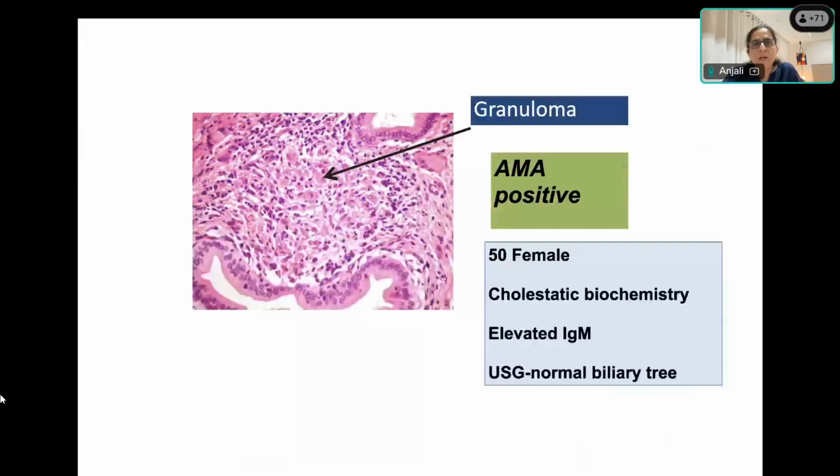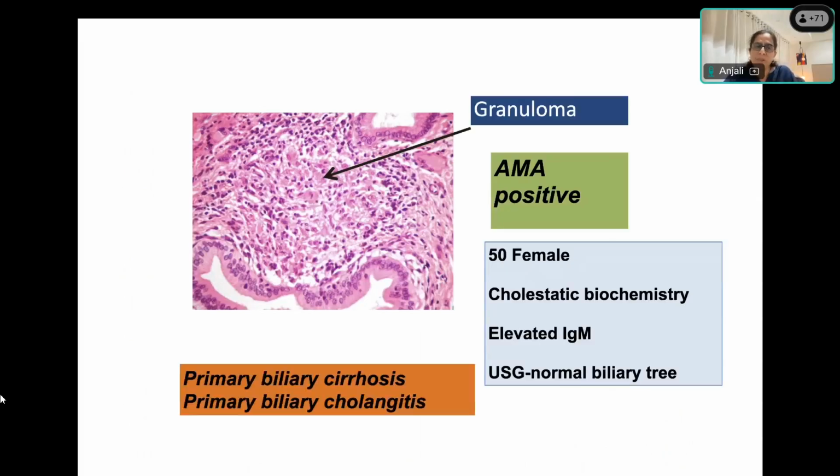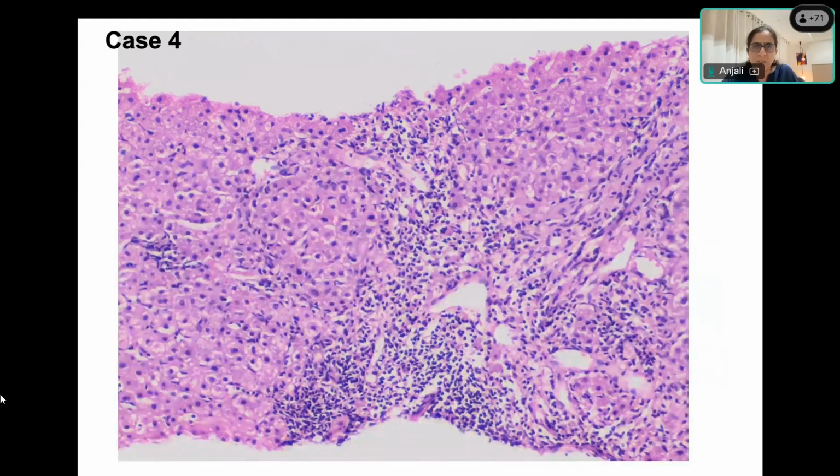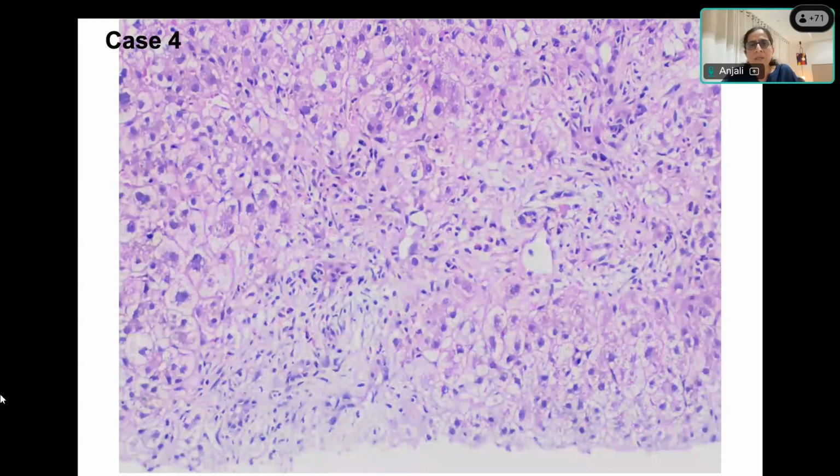In addition, if you see a granuloma, with AMA, anti-mitochondrial antibodies, positive, then the diagnosis becomes very straightforward: primary biliary cholangitis. So in primary biliary cholangitis, the liver biopsy shows varied pictures. Some portal areas show bile duct destruction, some portal areas show bile ductular proliferation, and occasionally you may see absence of bile duct.